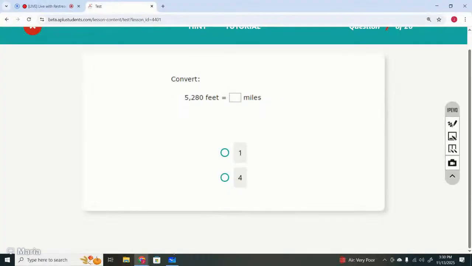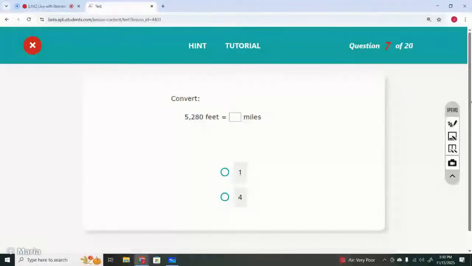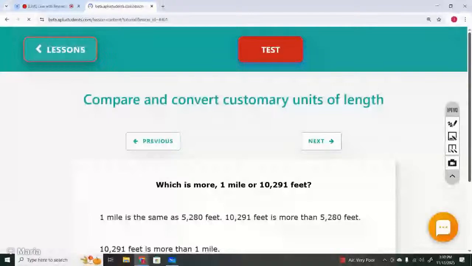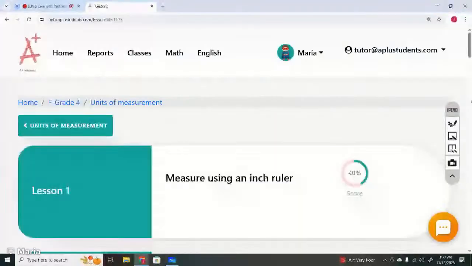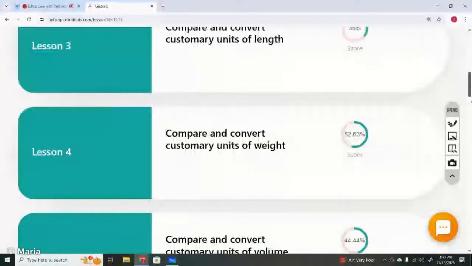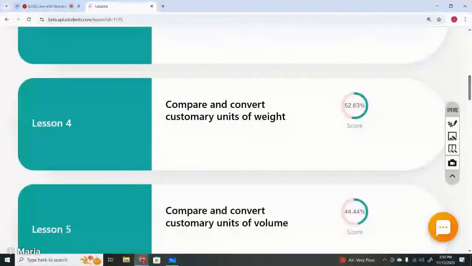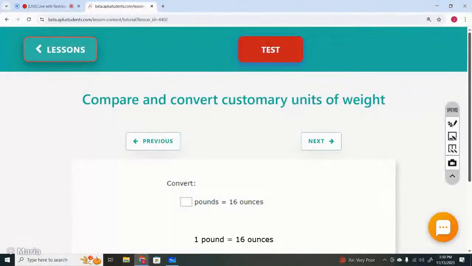Now I'm going to move on. Now we will learn to compare and convert customary units of weight.